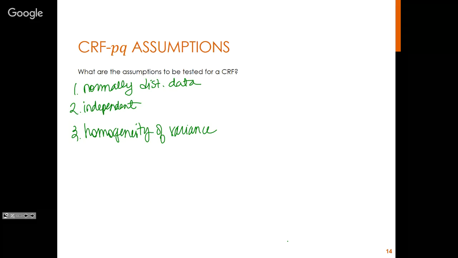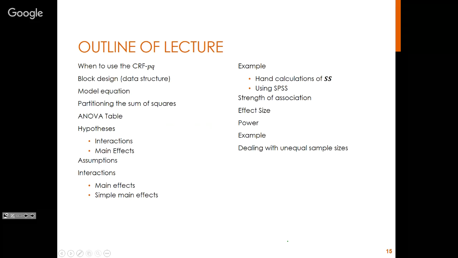So the same as a one-way, but now it's just at that interaction level. So within each treatment combination, normally distributed data across those different treatment combinations. We have equal variances, and then independence within and across the different groups. Yeah.